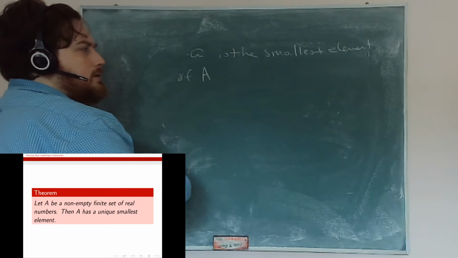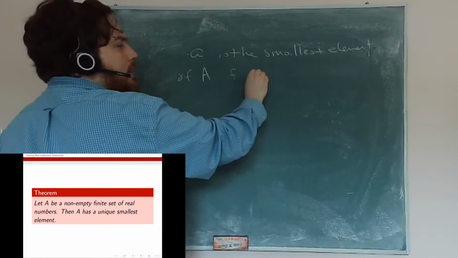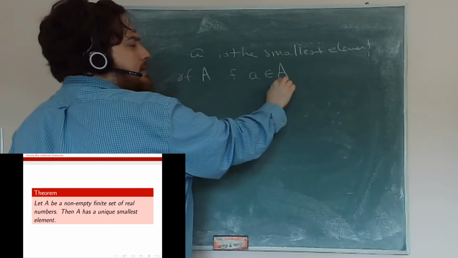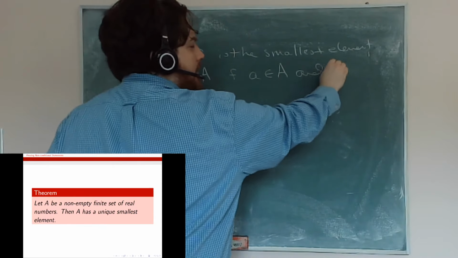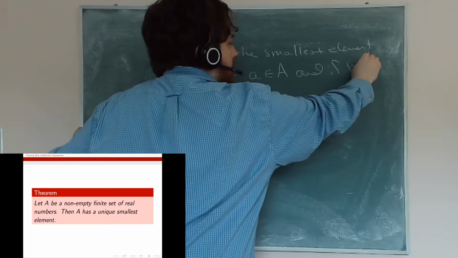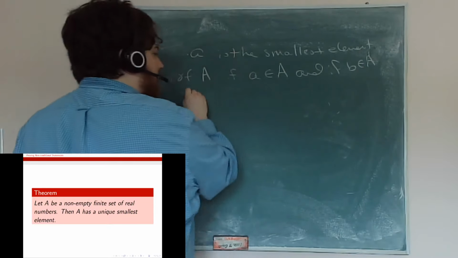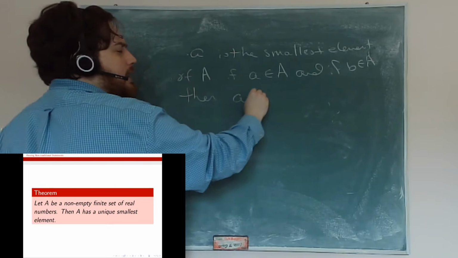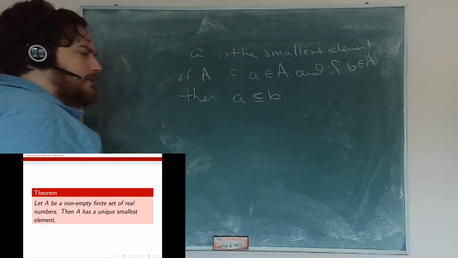It's a little more colloquial. We have that both a is an element of A, and if b is in A, then a is less than or equal to b.